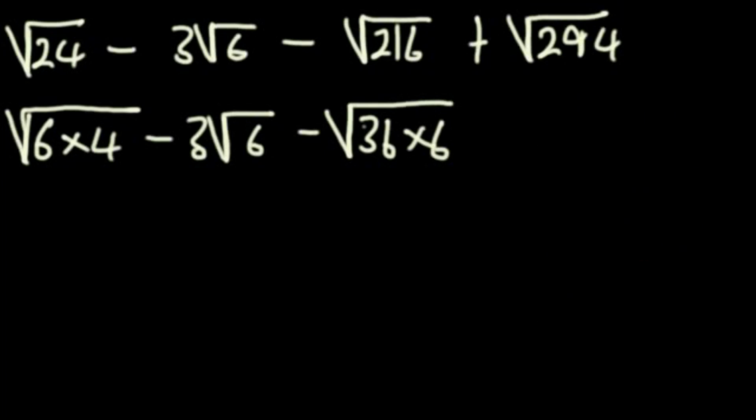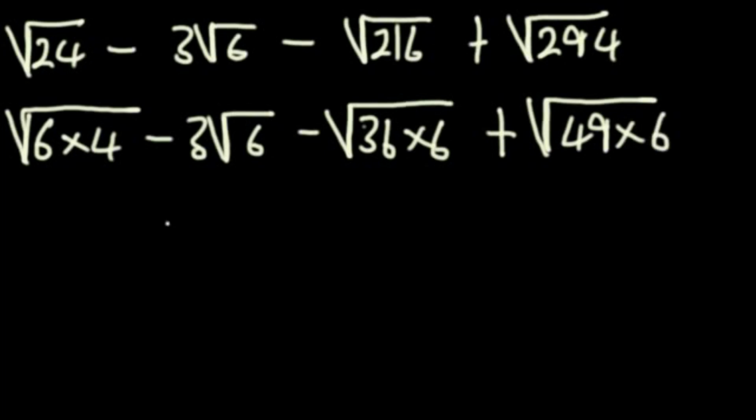While for the last one, which is 294, 49 times 6 is 294, so we can have square root of 49 times 6.